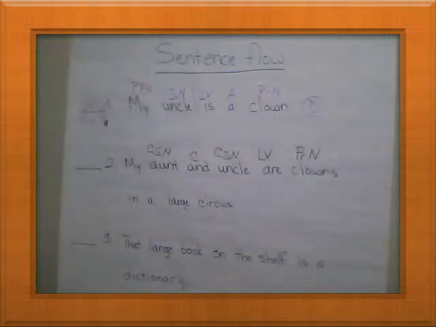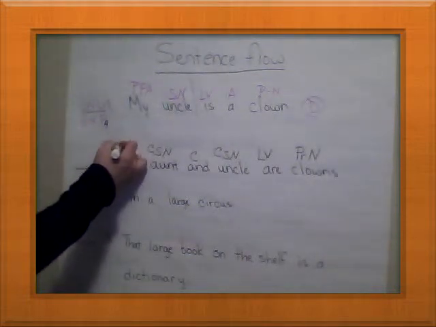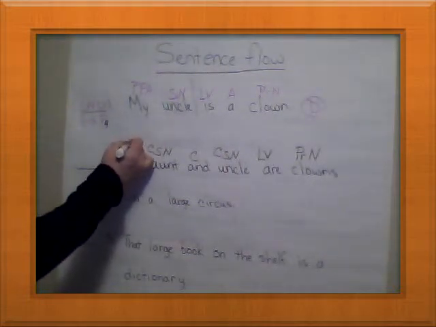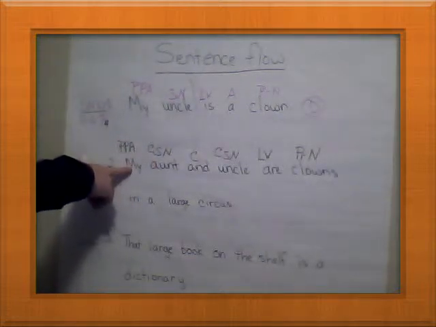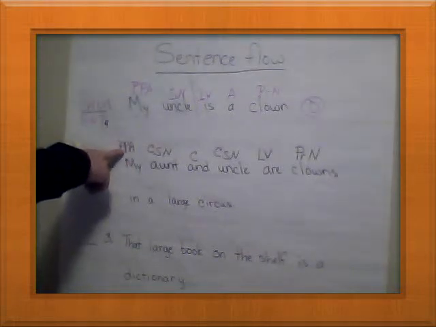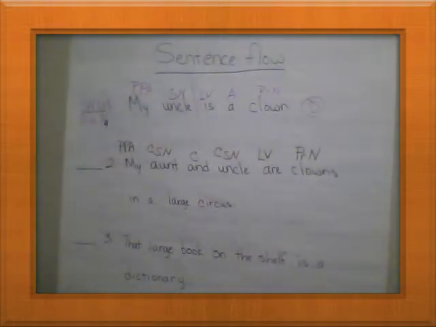And now we're going to ask, whose aunt and uncle are they? They're my aunt and uncle. There's my PPA. Some of you are still putting adjectives on top of a pronoun. It is an adjective, but it's a pronoun adjective. So we want to put the PPA on top of that. We're going to continue our flow by finding any preps, and I do see 1.